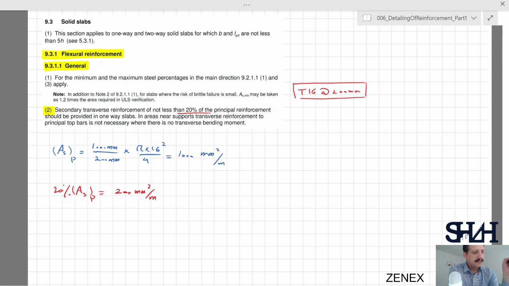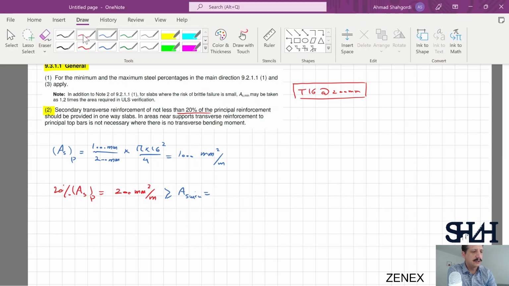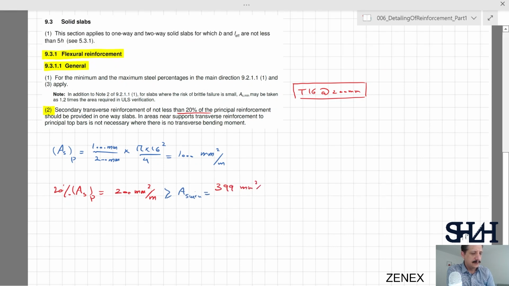We have to notice that this value should always be greater than As minimum. So it should be greater than As minimum. In this example, we calculated it and it was 399 square millimeter per meter. As a result, secondary reinforcement will be 399 square millimeter per meter.